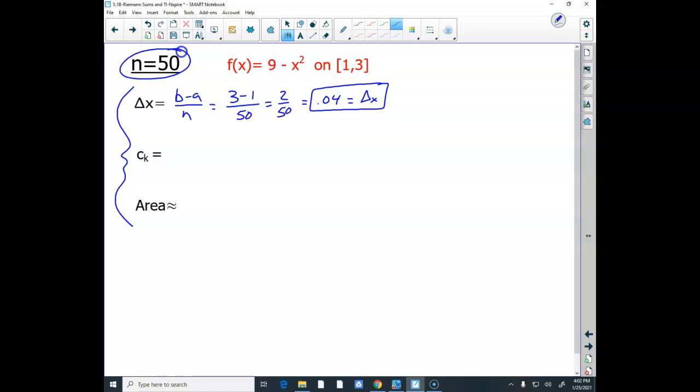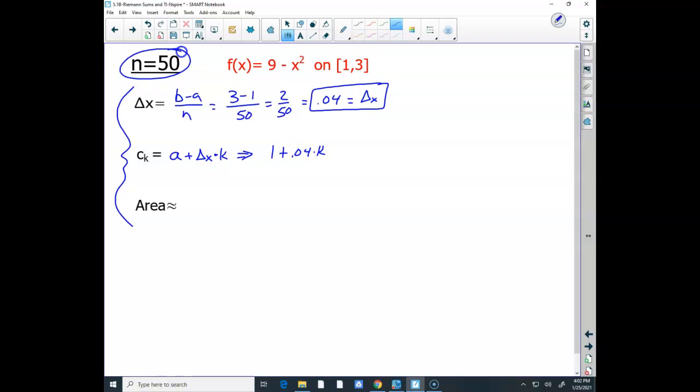Now, c sub k, remember we're always going to be using the right endpoints, and c sub k is always going to be a plus delta x times k. So my c sub k is actually going to equal 1 plus 0.04 times k.